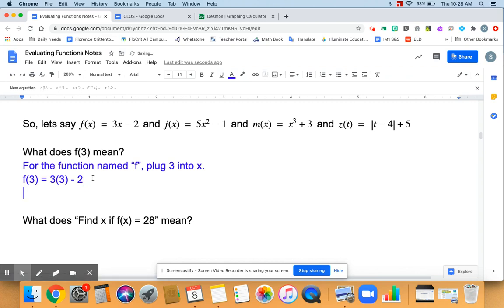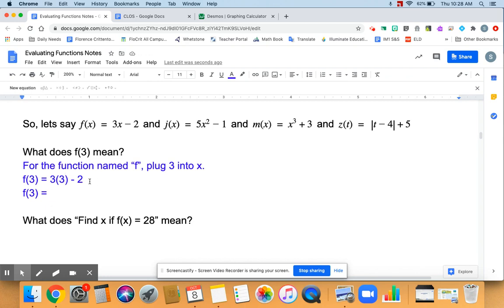Now, according to order of operations, to solve this, first for grouping, do I have any grouping? No, I do not, because everything's already one number. If there were more things in this parentheses, then I would have to group them, but there's not. Do I have any exponents?